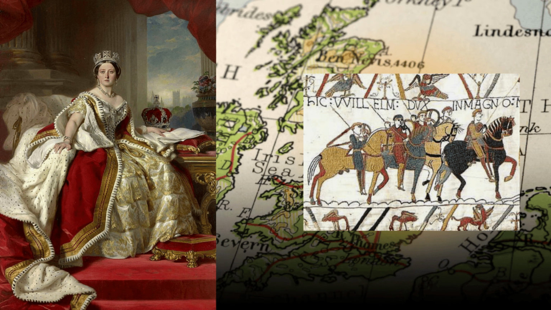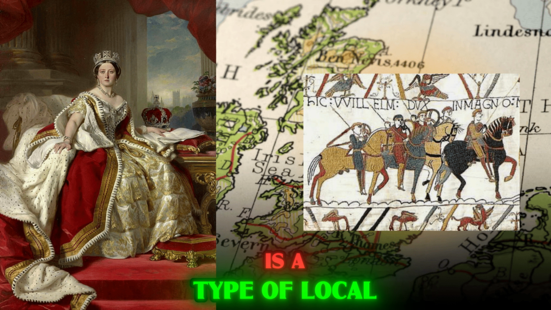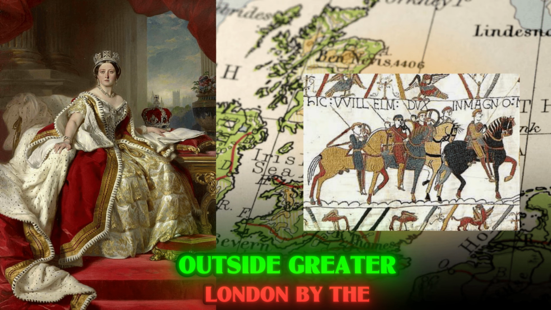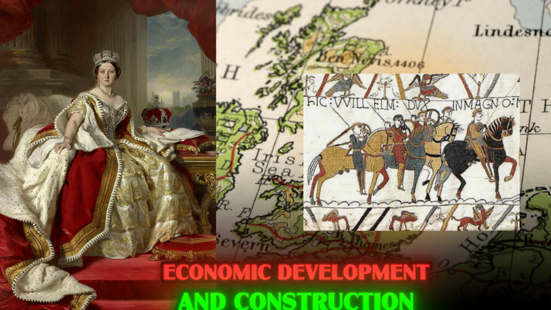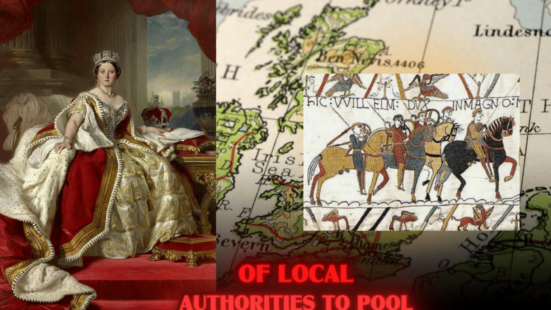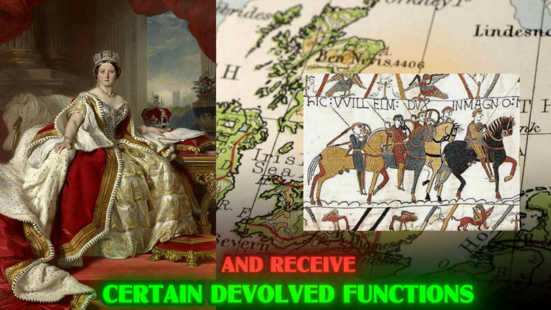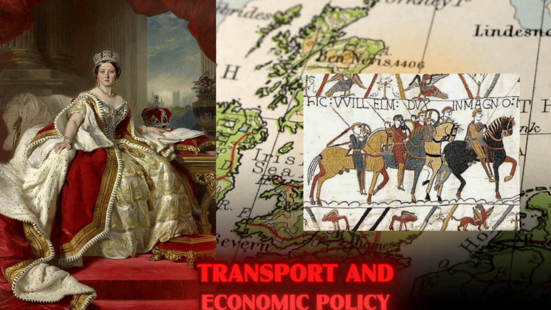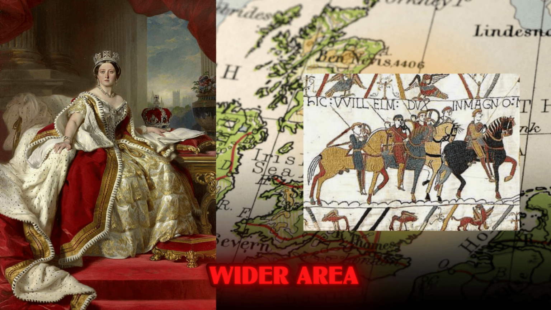A combined authority, CA, is a type of local government institution introduced in England outside Greater London by the Local Democracy, Economic Development and Construction Act 2009. CAs allow a group of local authorities to pool appropriate responsibility and receive certain devolved functions from central government in order to deliver transport and economic policy more effectively over a wider area.